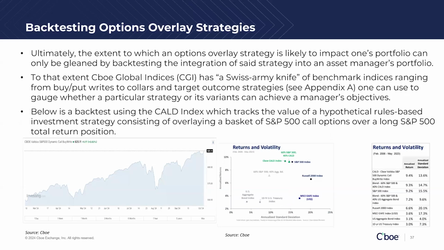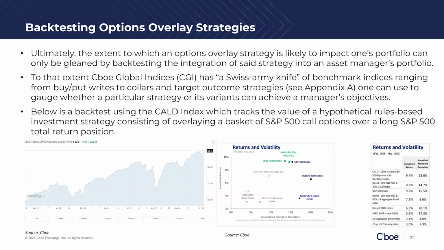There are different ways to determine whether any type of strategy suits your portfolio, and the way to go about doing that is to back test the particular option embedded ETF with your portfolio. What I'm showing here is the efficient frontier of an equity portfolio using various amounts of options embedded ETF.